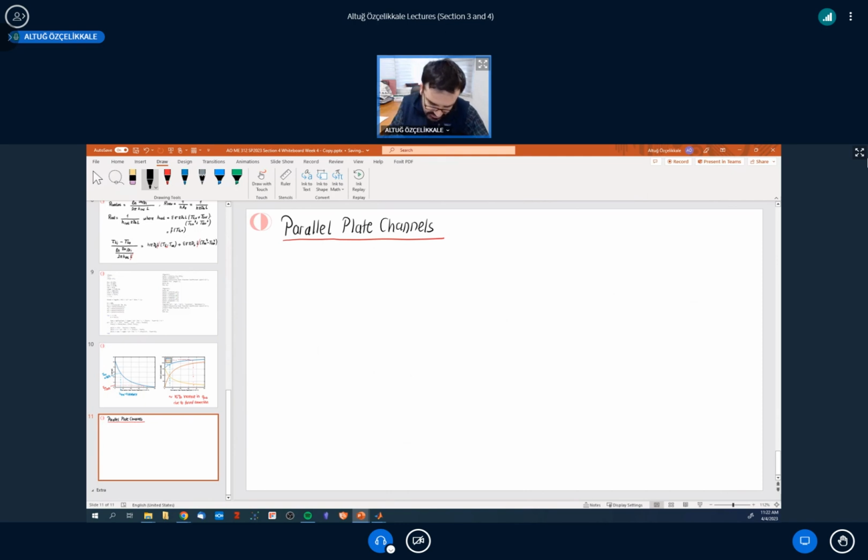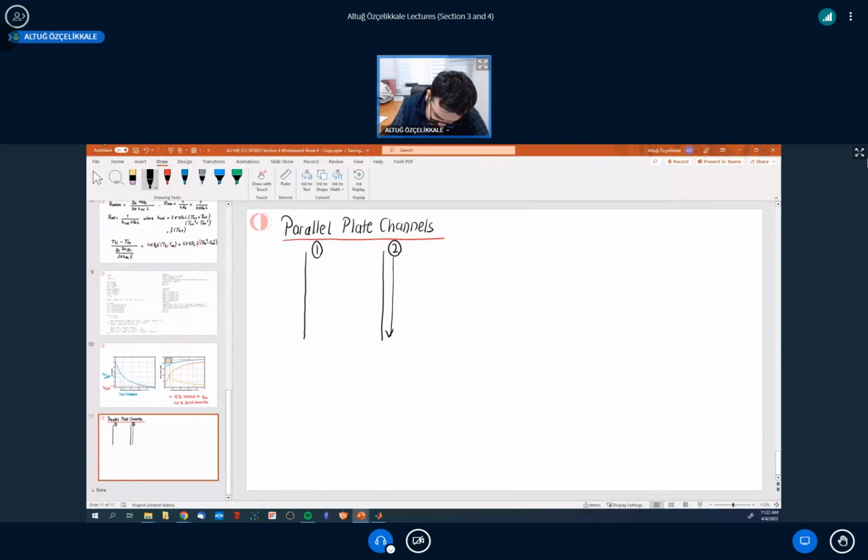So the idea is, how about bringing two vertical plates together? So that's vertical plate 1, and that's vertical plate 2. And let's define the nomenclature.